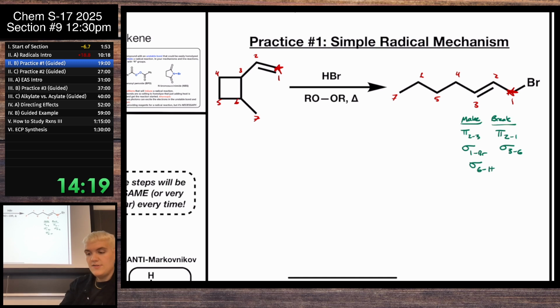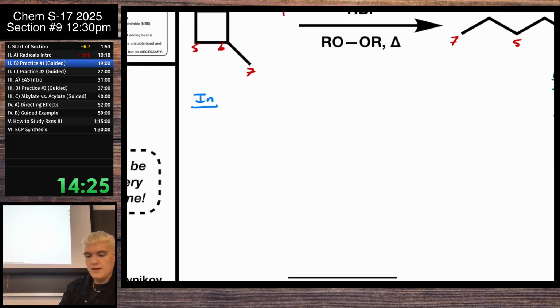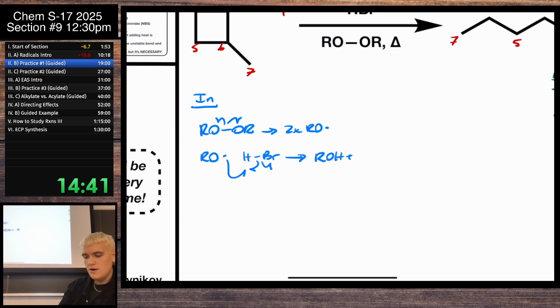So with that in mind, we can start. First off, we have our initiation steps, which is literally just the regurgitation. So we homolyze. We get 2 RO dots. RO dot interacts with HBr. Bloop. You abstract that proton. ROH plus Br dot.